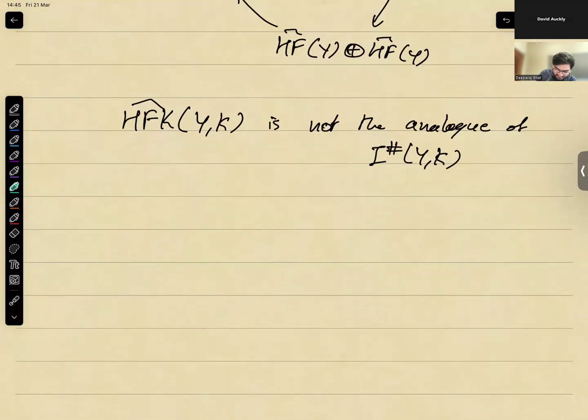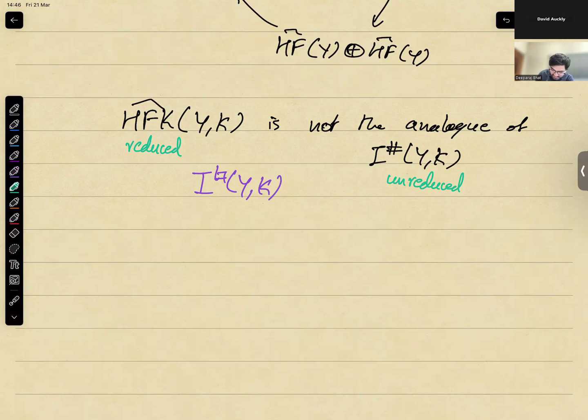This should be thought of as a reduced invariant, like a reduced homology, and this is unreduced. So there is a reduced version in instanton Floer theory as well. This is denoted by I natural of (Y, K), and this is reduced. And it is expected that these agree with each other for complex coefficients, but not this one, right?